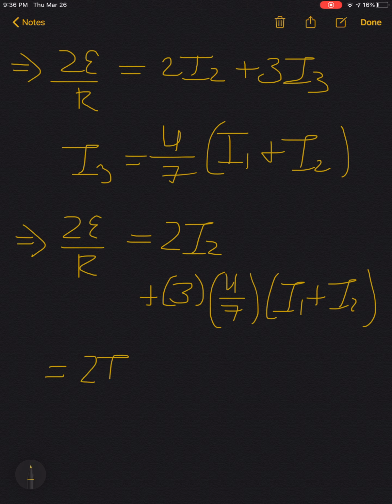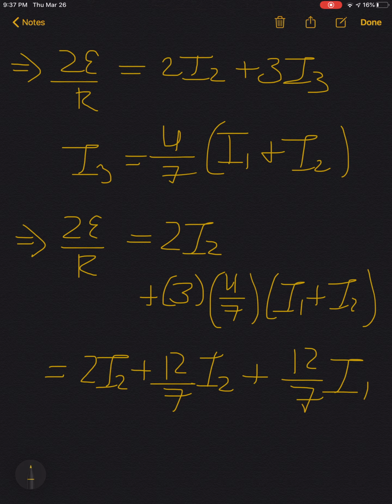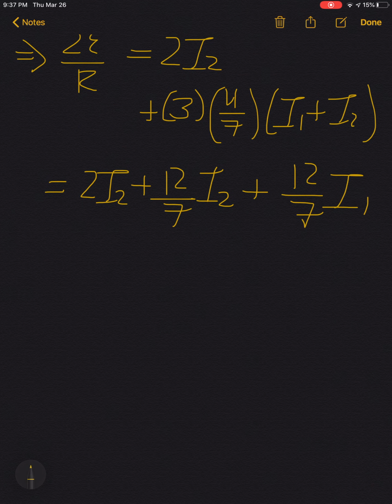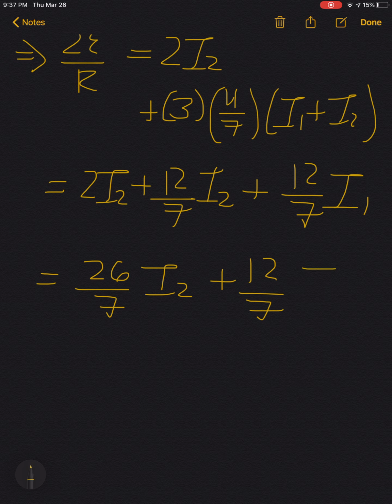Or this is 2I2 plus 12 over 7 I2 plus 12 over 7 I1. Now combining like terms means I'm going to make the first term into 14 over 7, that's equivalent to 2, and then add it to 12. So this is going to be 26 over 7 I2 plus 12 over 7 I1.